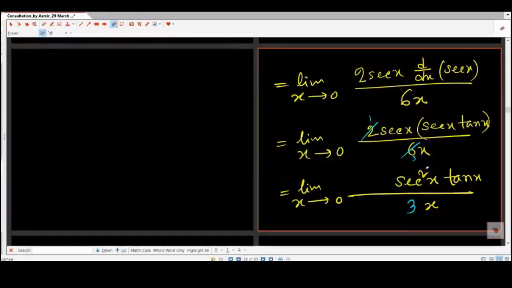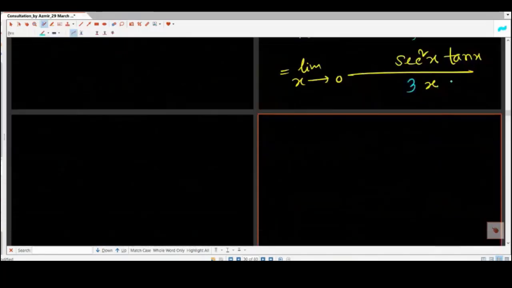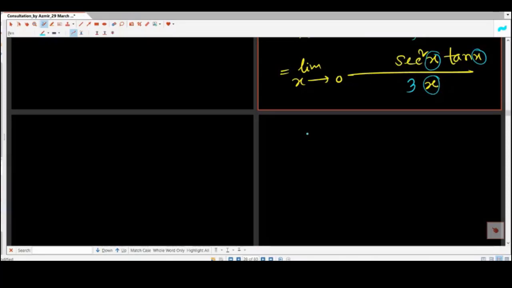So now this is the time to check again the value of the upper function and the lower function. If it is 0 over 0 again, then we have to differentiate again. Let's do a rough check again. Here we have x, x, and x. If we input 0, that means secant squared 0, tan 0 over 3 times 0.